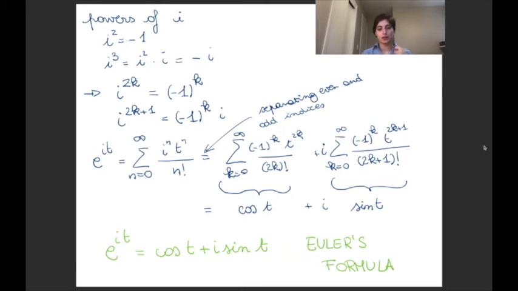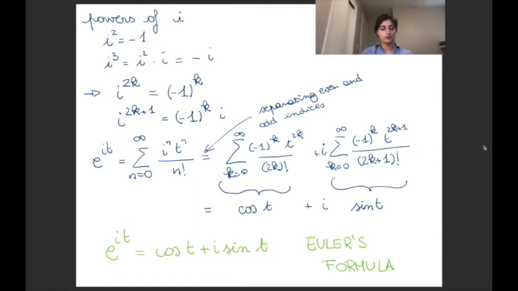It allows us to switch between the exponential of something imaginary down to cosine and sine with a real part and an imaginary part. What it means is that when you're taking the exponential of something purely imaginary, you're actually computing a rotation, something that oscillates over time.